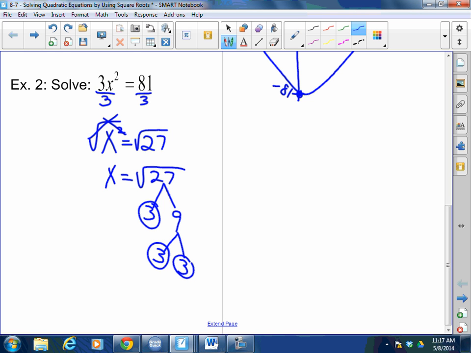You are only dealing with the circled numbers at this point. You with me so far? Yeah. Okay. Every pair comes out as 1, right? So this is going to equal a 3 and a 3 comes out as one 3. And what do I have left over? A 3. This guy.